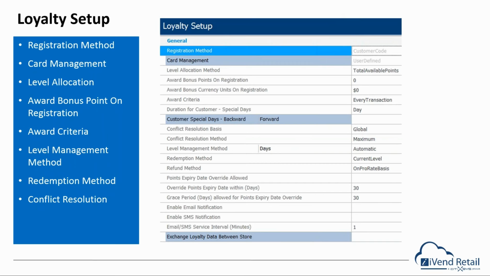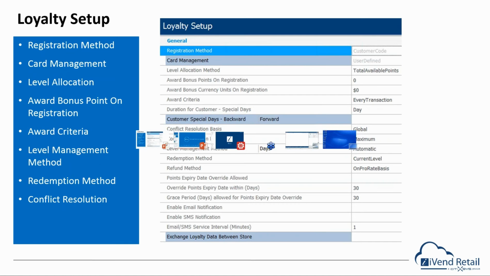I will be referring back to this screen a couple of times as we go through the rest of the slides, because there are certain settings in here that will affect the way loyalty is handled within the system.